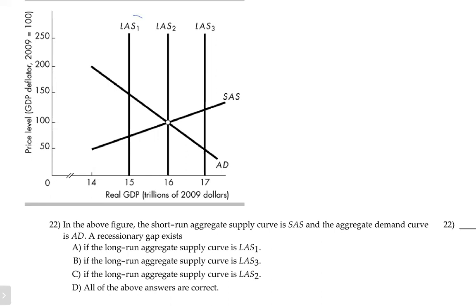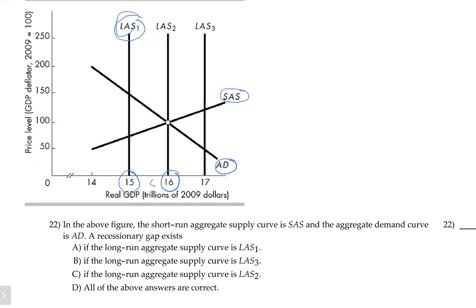First, if this is the long run aggregate supply, that means the potential GDP is 15. Now, the real GDP is what? Real GDP is determined by short run aggregate supply crossing aggregate demand. So that just means the real GDP is 16. If this is the long run aggregate supply, we produce more than we potentially can produce, right? So this is not a recession.